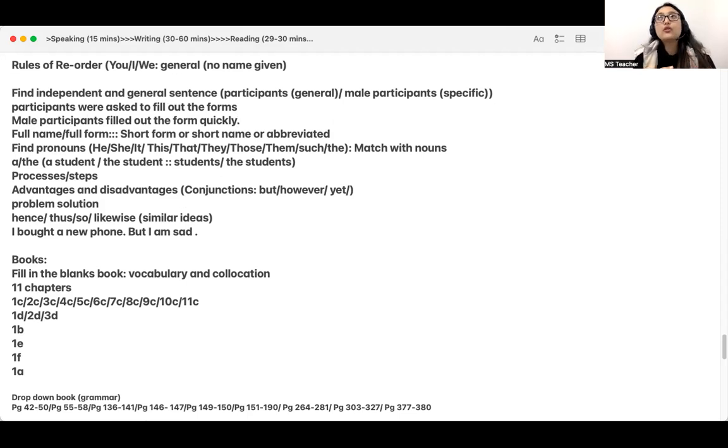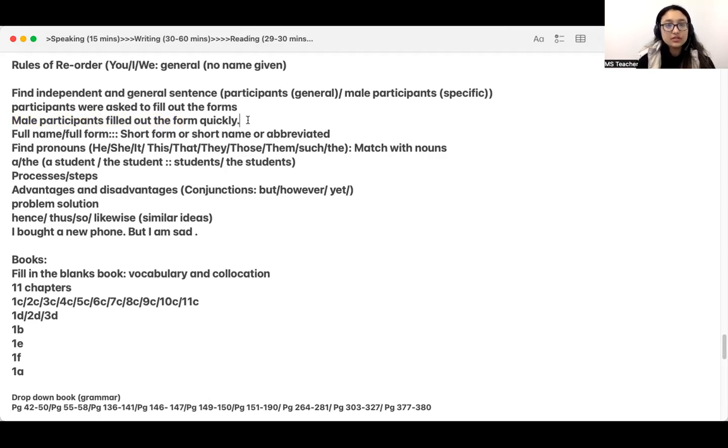Now, don't follow the sequence of the sentences as of now. Just focus on the words participants and male participants. If you find these kinds of sentences, then obviously participants will come in the beginning before male participants. That is the meaning of generality.